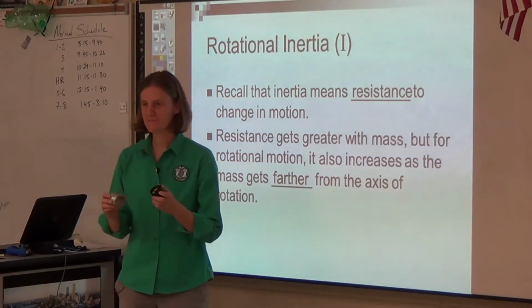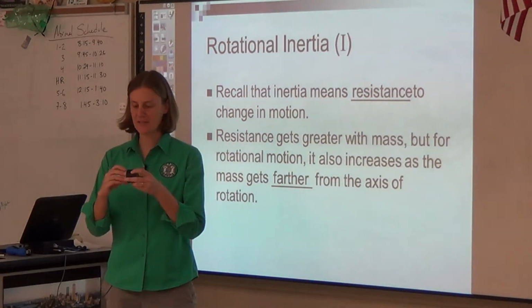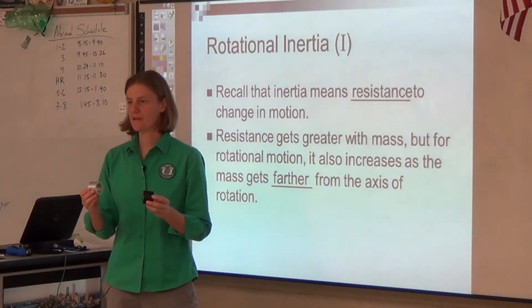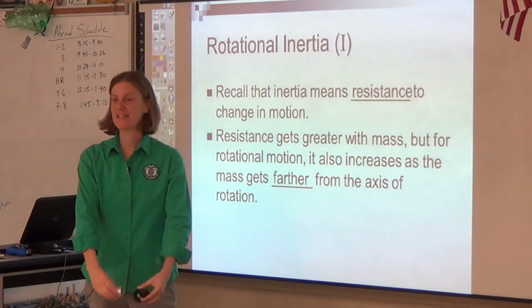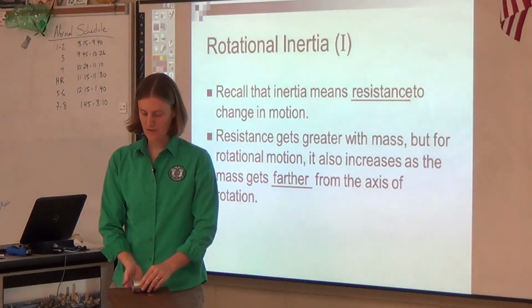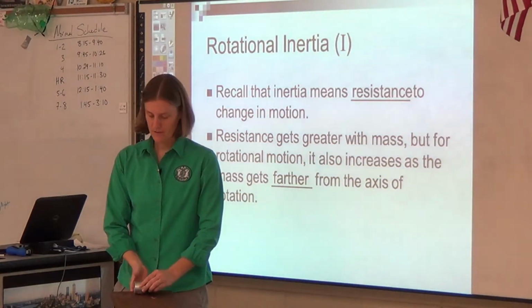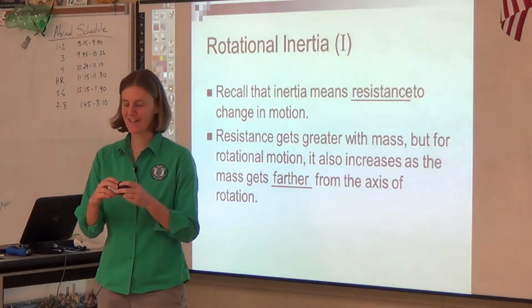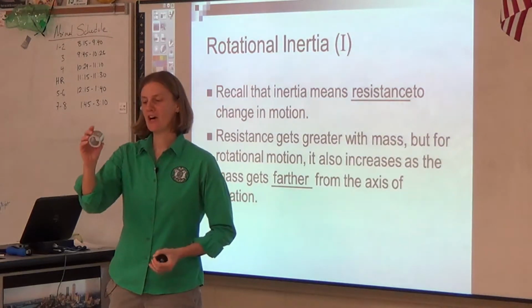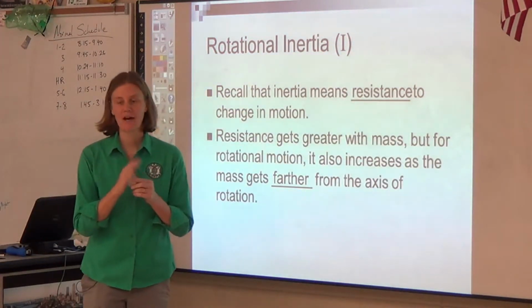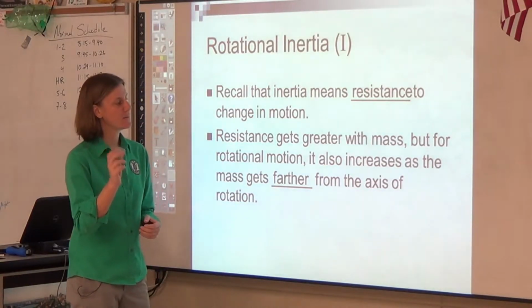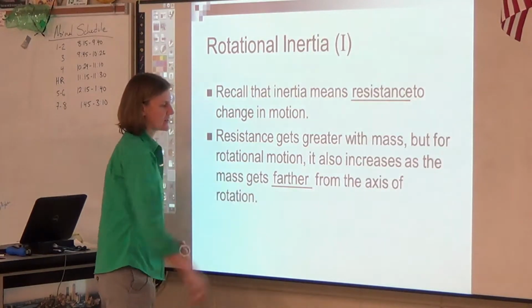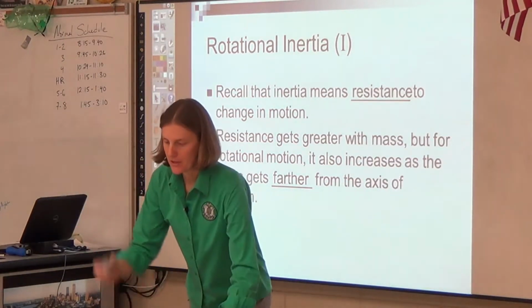The solid black cylinder has its mass more evenly distributed, whereas the hoop, the hollow cylinder, has its mass spread out and farther away. Where the mass is farther away, that is more rotational inertia. It is harder to change what that object is doing. So therefore, it took a little longer to get going, basically. So there's more rotational inertia for the hollow cylinder than the solid cylinder.